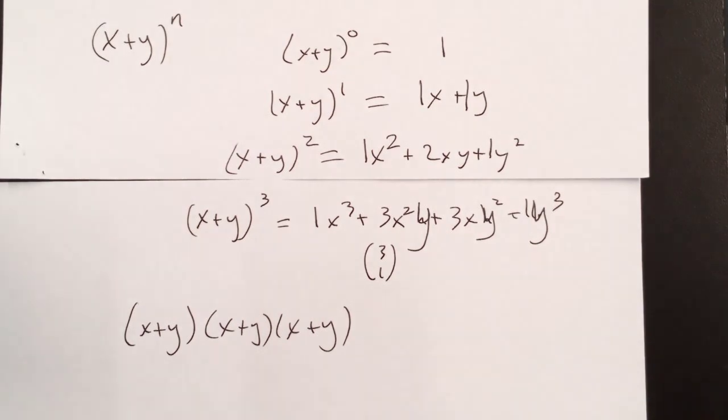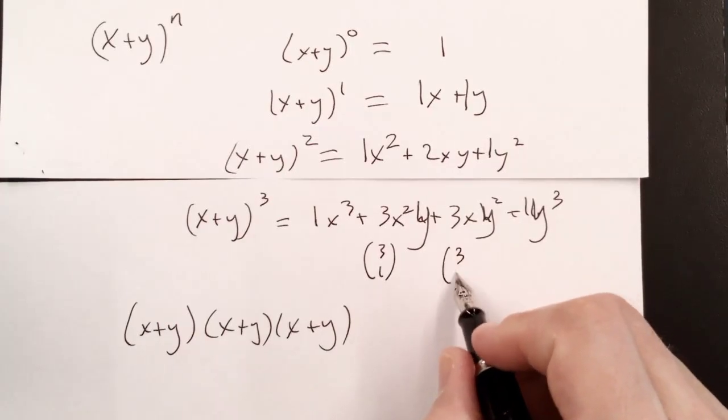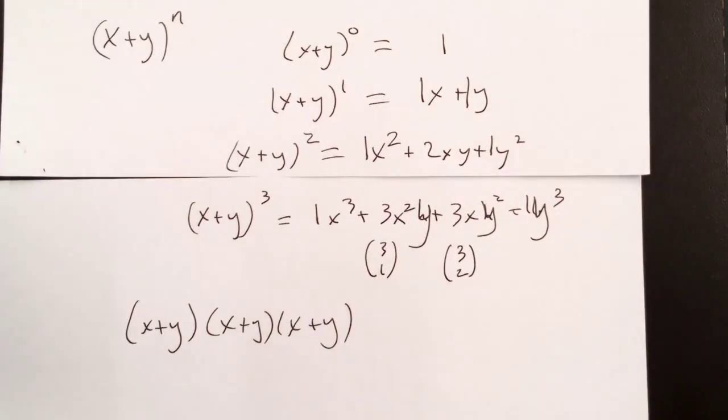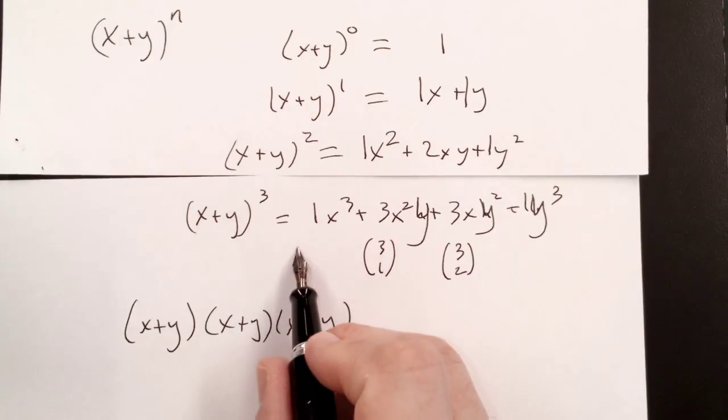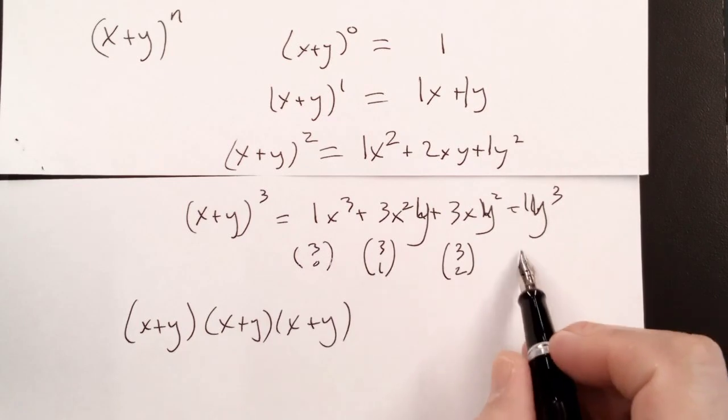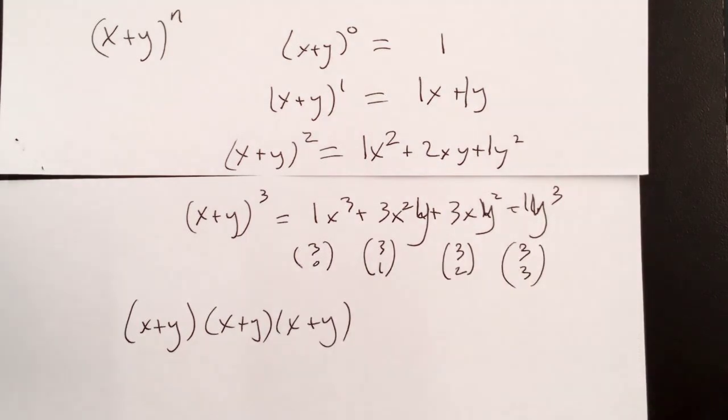You picked one of them to be a y. The way to get this number here is to do 3 choose 2. You picked 2 of them to be y's. Guess what this one is? 3 choose 0, and this one is 3 choose 3.